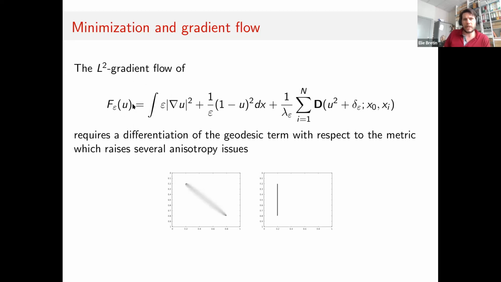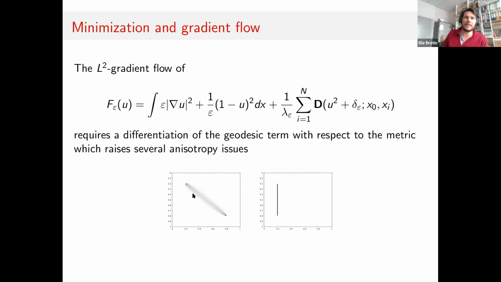And if I consider the L2 gradient flow, I need to differentiate this geodesic term with respect to its metric U. And the problem is that if I, for example, consider only 2 points with U equal to 1, this differentiation should be a Dirac mass on the segment which connects these 2 points. If I do it with a numerical method, for instance based on the Hamilton-Jacobi equation, and if the points are in the same line of pixels, we obtain a Dirac mass.